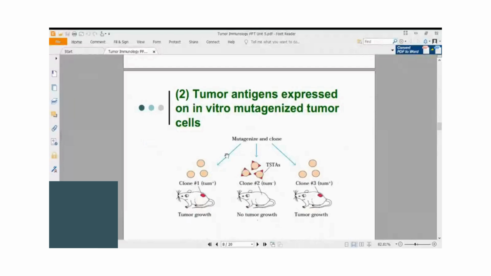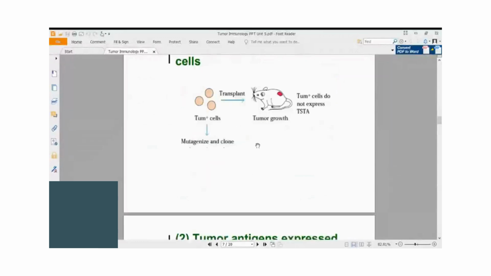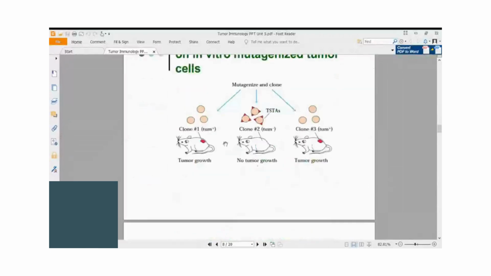Here you will see, surprisingly, some mice will develop tumors once again, exactly similar to the mice which had developed tumors when the tumor plus cell was injected or transplanted. And another clone injected into syngeneic mice will not develop the tumor.